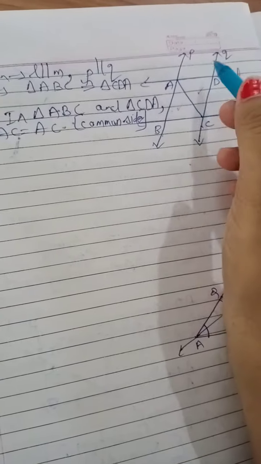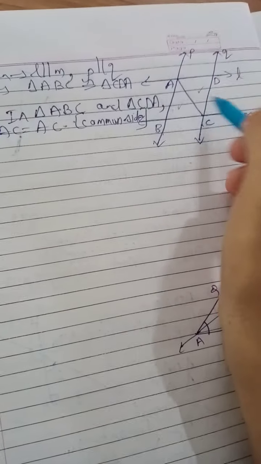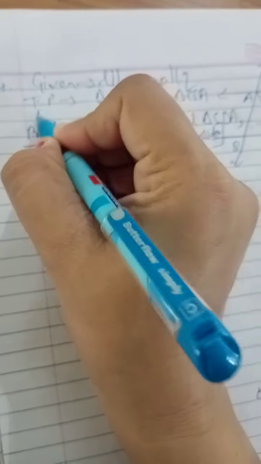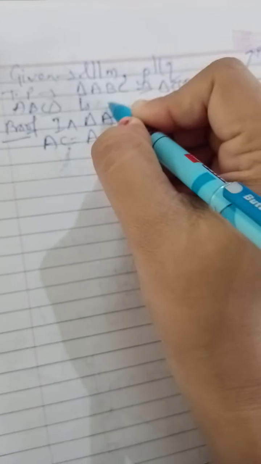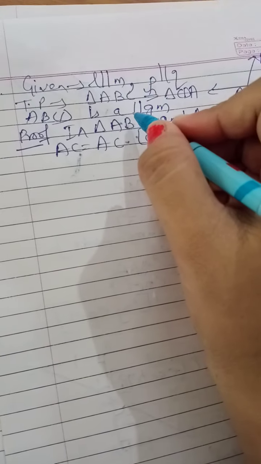So firstly I will say that ABCD is a parallelogram because opposite sides are parallel. Now ABCD is a parallelogram. Okay?